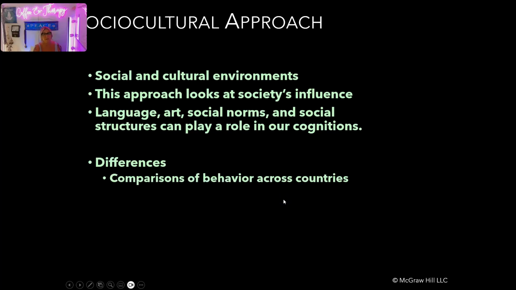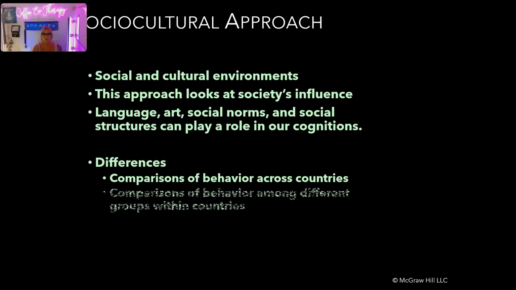Differences, comparisons of behavior across countries. So when we're looking at the sociocultural approach, we're looking at how the world approaches things. So not just here, but all over the world. So we look at comparisons of behavior among different groups within countries.